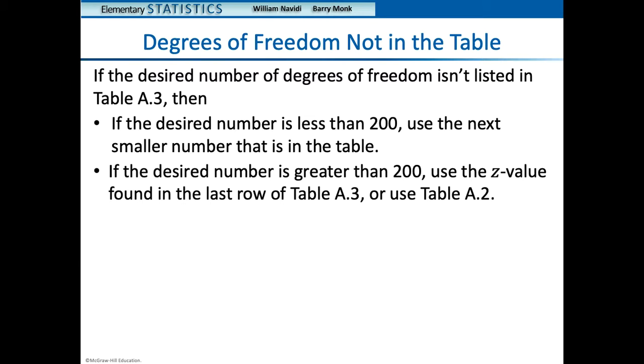If the desired number is greater than 200, we've already kind of alluded to this one, then we can use the Z value found in the last row of table A3, or just revert back to the standard normal curve table, because at that point it just means your sample size is big enough that we can just treat our distribution curve as a normal curve.